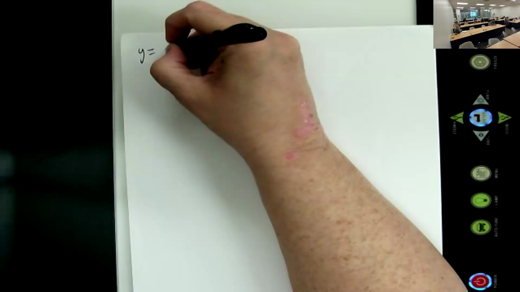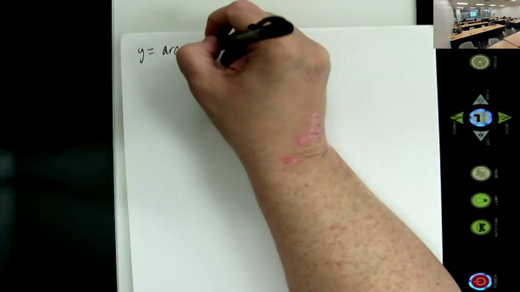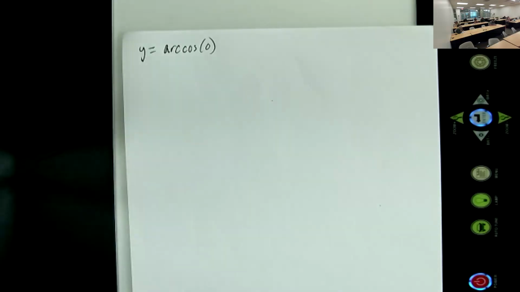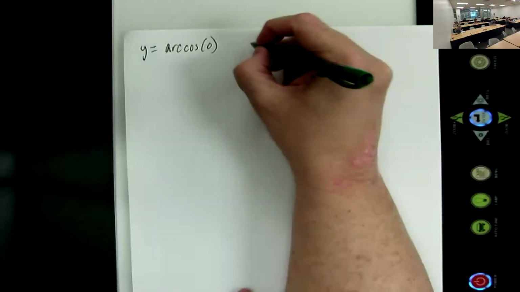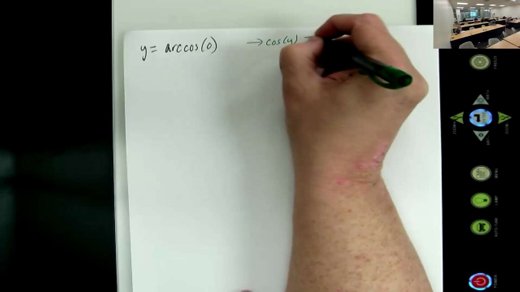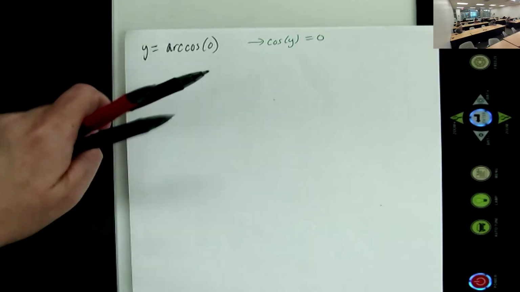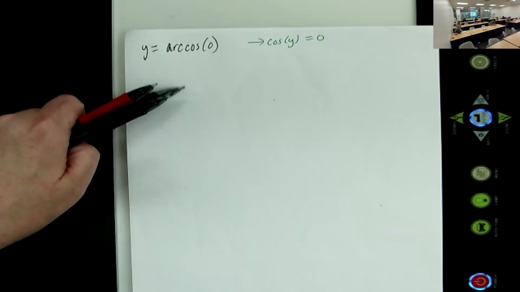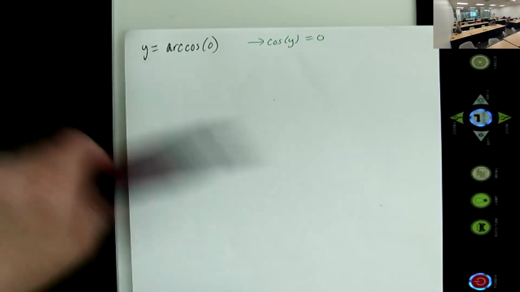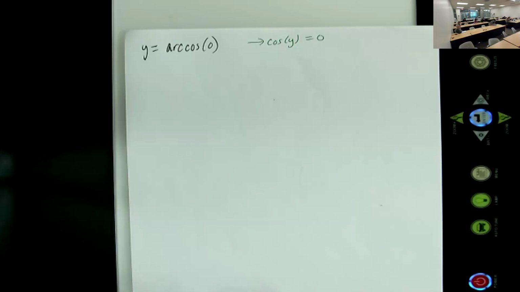What is y equals arc cosine of 0? An easier way to think about this is cosine of y equals 0. If you're capable of looking at this without thinking of it like that, knock yourself out. Every time, I rewrite this in my head as the cosine and switch it, because it's easier for me to picture.